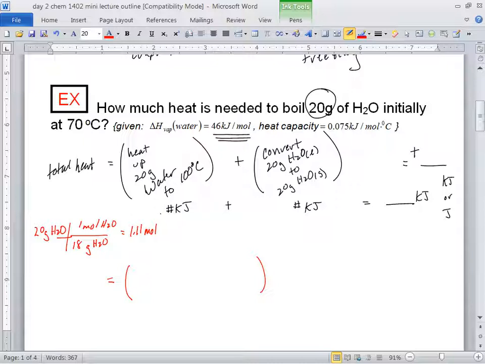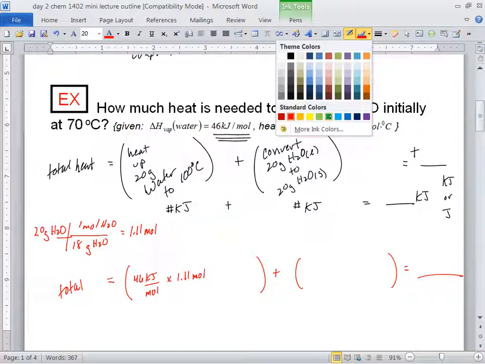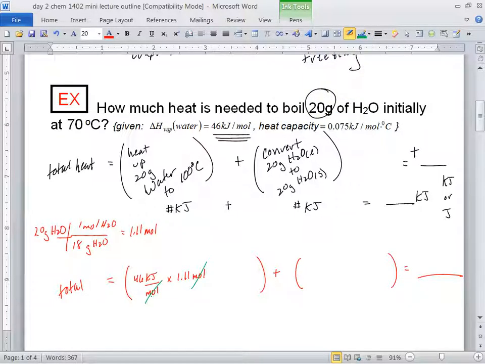Now what, Connor? And then do what? Yeah, times the 1.11 moles. All right, he's canceled. So he's in kilojoules. Just make sure this guy's in kilojoules.